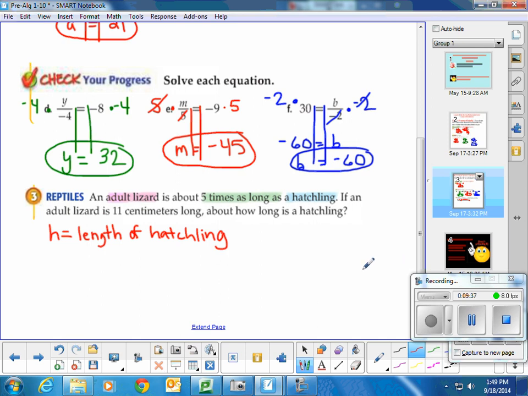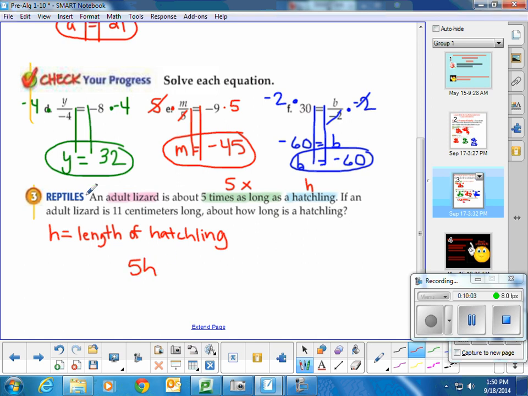Now let's go back and read what it says and see if we can come up with the equation. An adult lizard is 5 times as long as a hatchling. How do you show 5 times as long as a hatchling? Well, if a hatchling is h, 5 times as long as a hatchling would be 5 times h, or 5h. So the adult lizard is 5h.